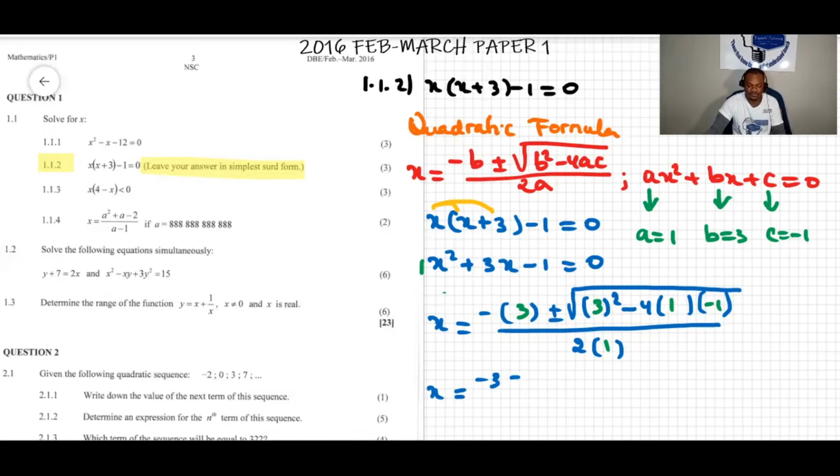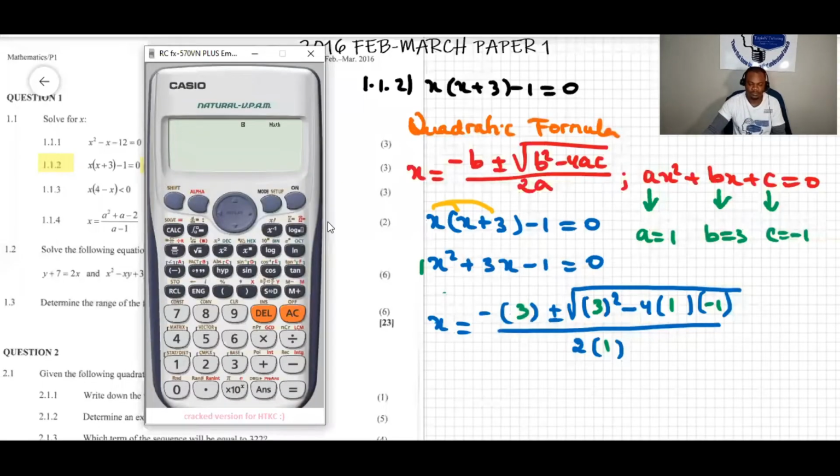We can just use a calculator here. So I can write over there negative 3 in the bracket like that, plus square root of 3 squared, and then minus 4 times a, which is 1, and then c is negative 1, all over 2a, 2 times 1.